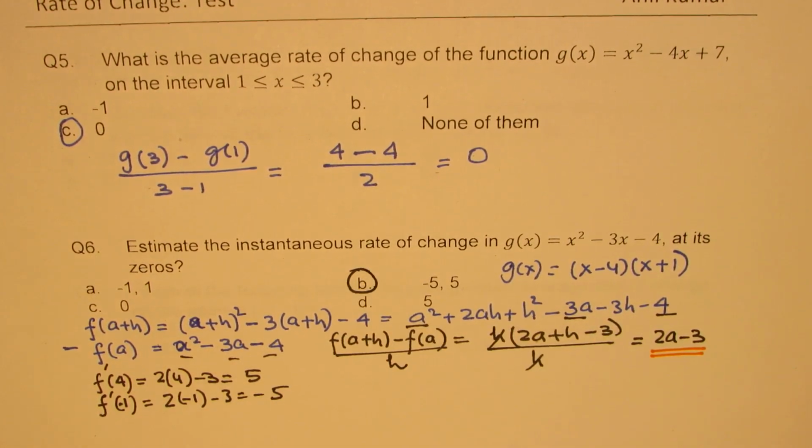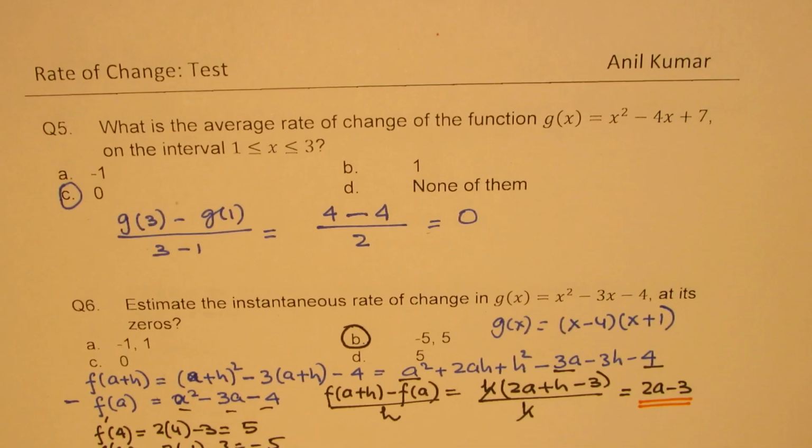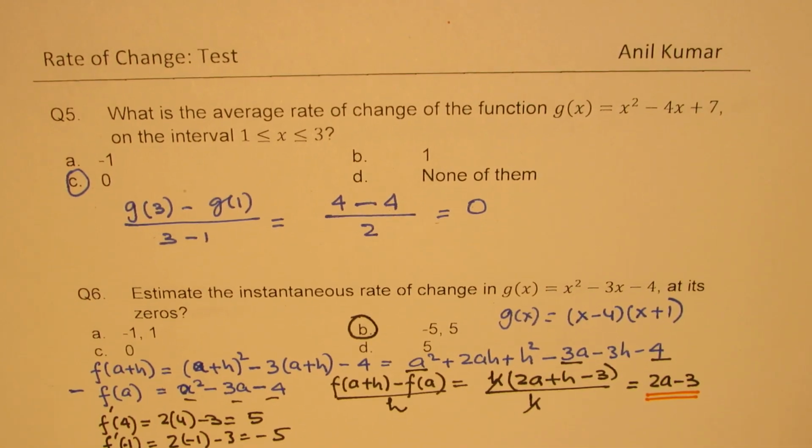Is that clear to you? So that is how we can actually find the instantaneous rate of change. Well, it definitely requires more space to do, but I hope you have understood. We use difference quotient method, right?